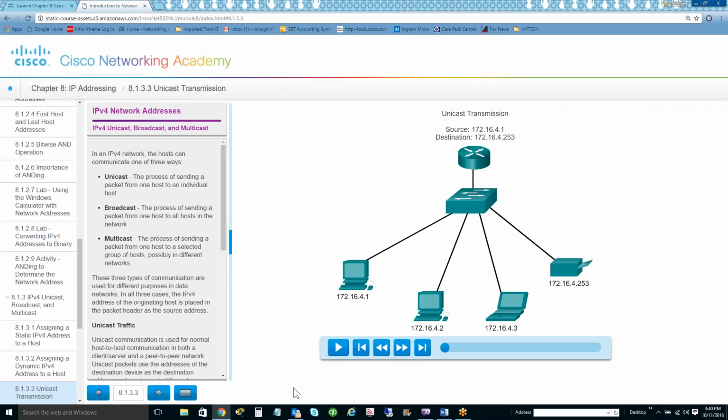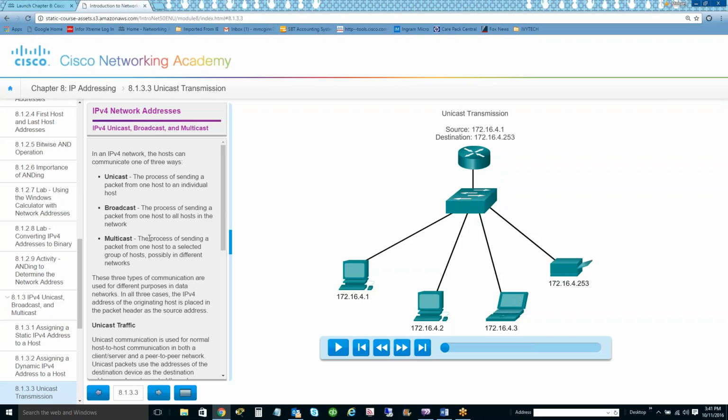So in 8.1.3.3, we talk about the different ways that computers can communicate. And they can communicate in one of three ways. Unicast, which is when a single host communicates with another single host. A broadcast, which is when a single host can send a packet from itself to all hosts on the network.